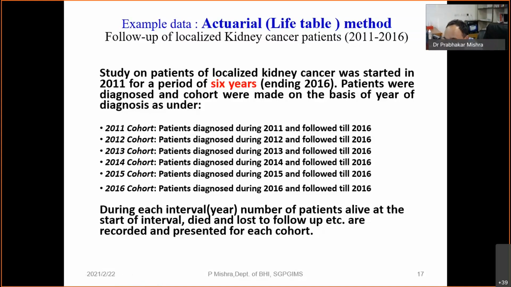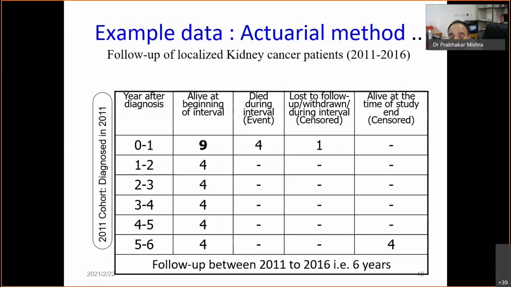Now see here, this is the 2011 cohort. I told you in 2011, 9 patients entered. Whoever enters in 2011, we will consider it the first year. This is 2011, 12, 13, 14, 15 and 16.